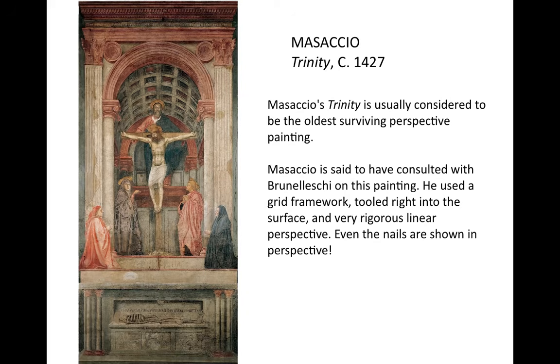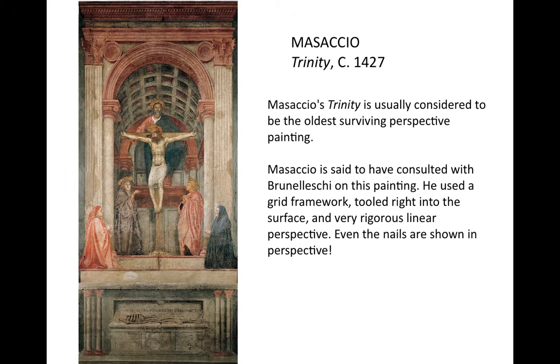This is Masaccio, 1427. Masaccio's Trinity is usually considered to be the oldest surviving perspective painting. Masaccio is said to have consulted with Brunelleschi on this painting. He used a grid framework tooled right into the surface in a very rigorous linear perspective. Even the nails in this painting are drawn in using linear perspective.